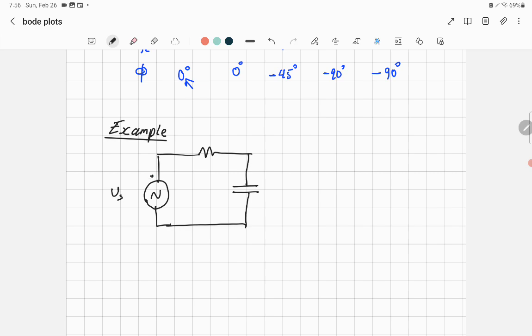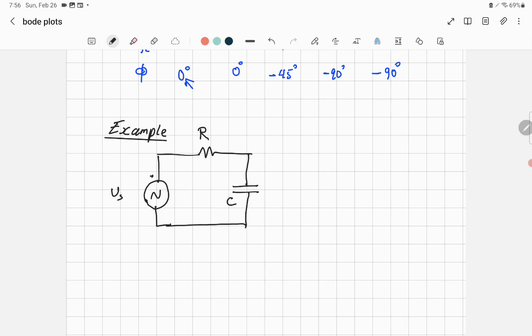This is the source of the signal, that's the resistor, and that's the capacitor. In this circuit, I want to find the corner frequency and the constant magnitude. That's my job, how to find the value for it.